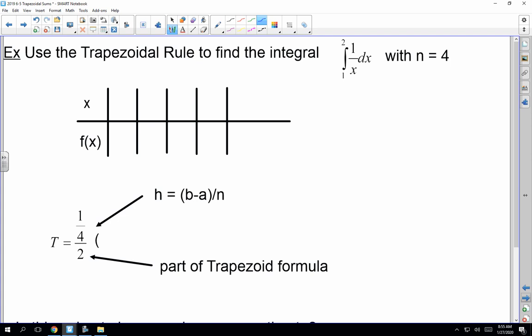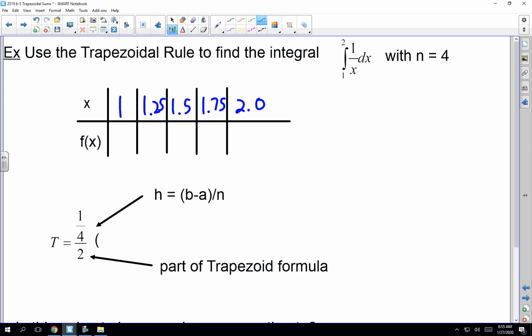We're just going from 1 to 2, so each of the partitions has a length of, actually, 0.25. So if I fill in my x's in the table, I've got 1, and then 1.25, 1.5, 1.75, and then 2.0.